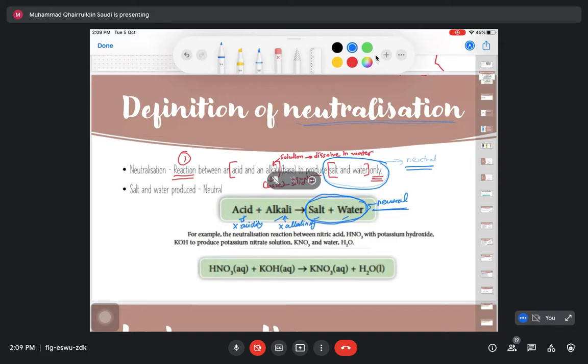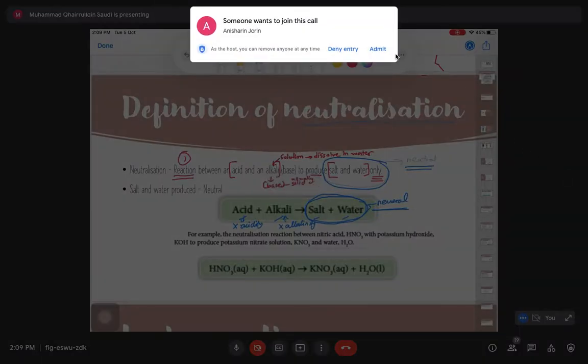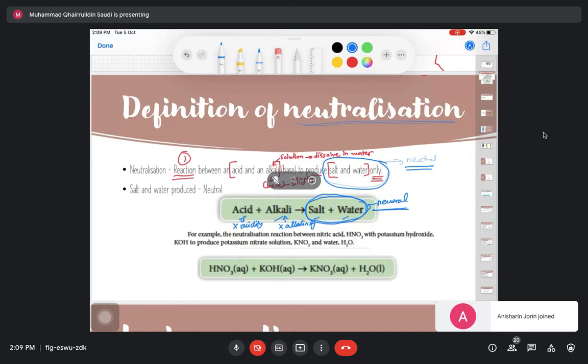What are the things that make an acid an acid? What are the important particles in an acid that make it called an acid? Do you still remember? What are the particles in an acid that makes an acid? The clue is in the definition of acid.